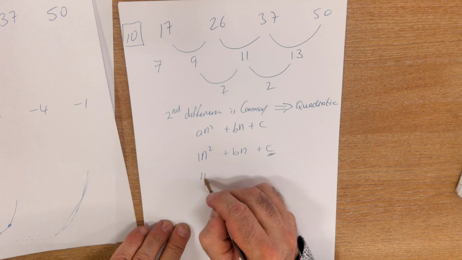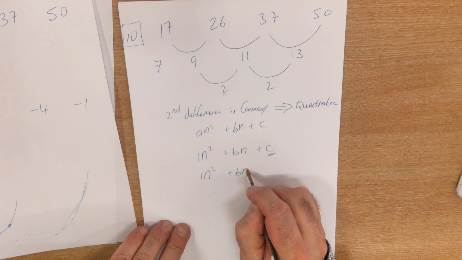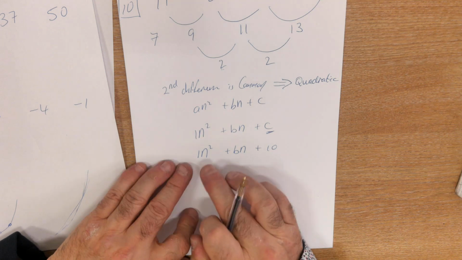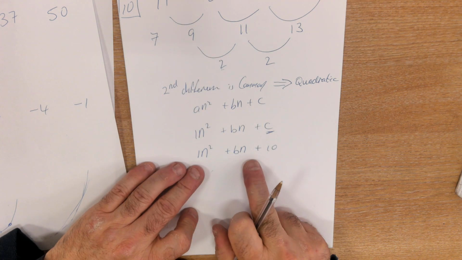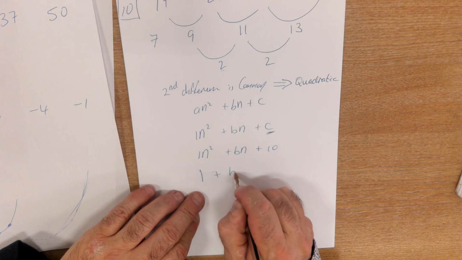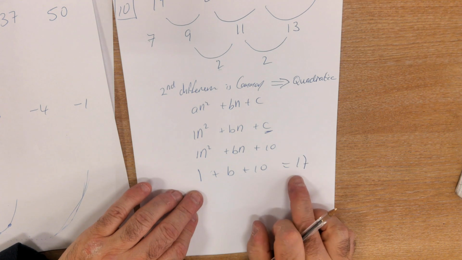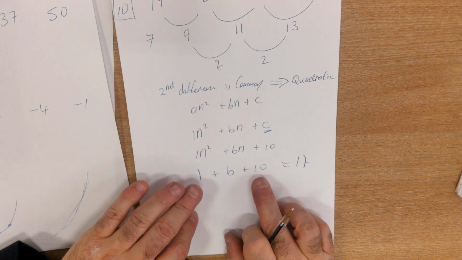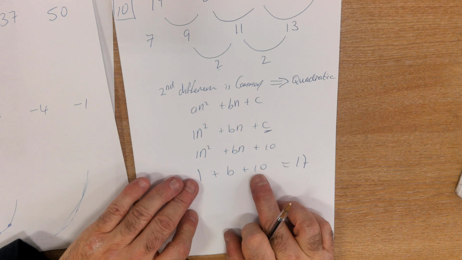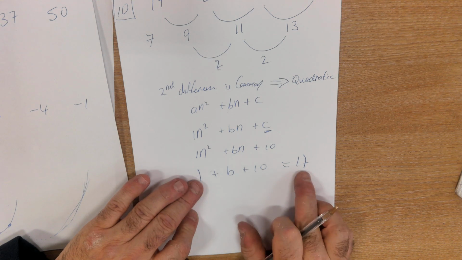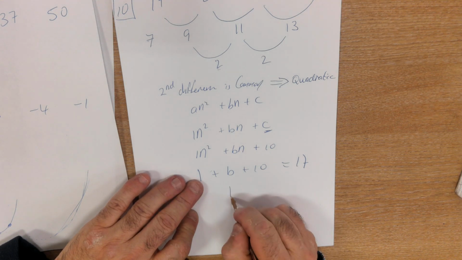So now our knowledge is that we have this. Not only that, but we can drop 1 in for n, meaning I can go 1 and b, and 10 is 17. That's 11, is it? Did I do that right? 17, okay, that's 11, that's 17. 11 away from 17 is 6.